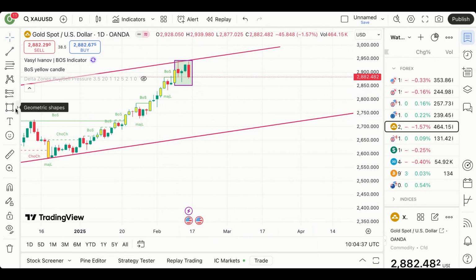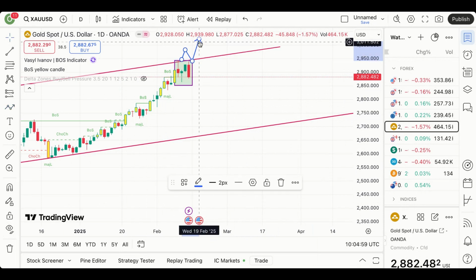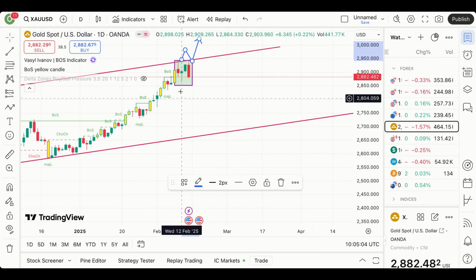So before you can trade buy at all, if you can trade ups, you have to see this box being broken to the upside, and retest this box or this trend line and go upward. Then you look for your signal before it gets to this end. You look for your signal at this area.